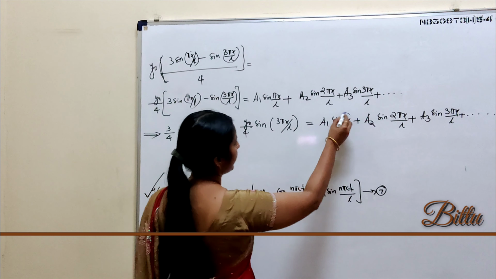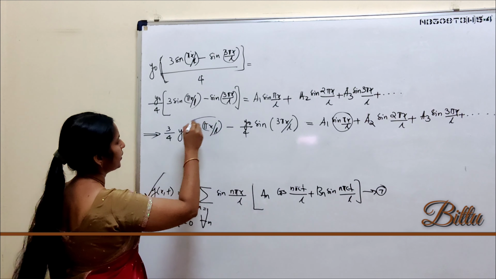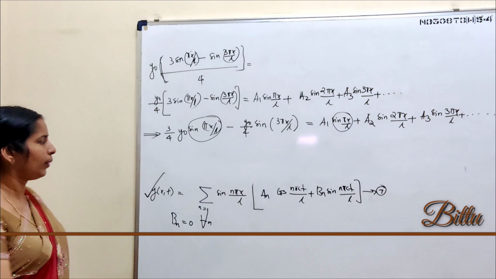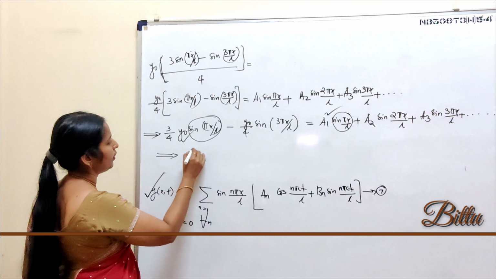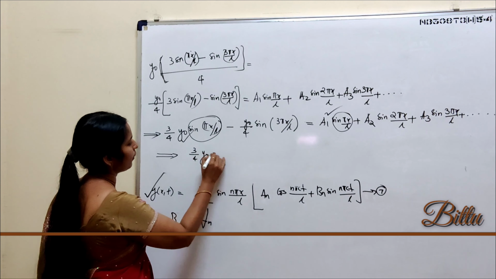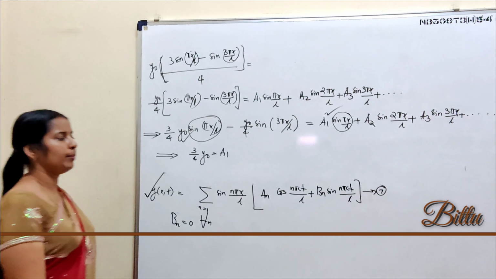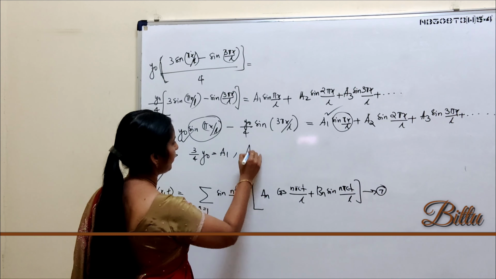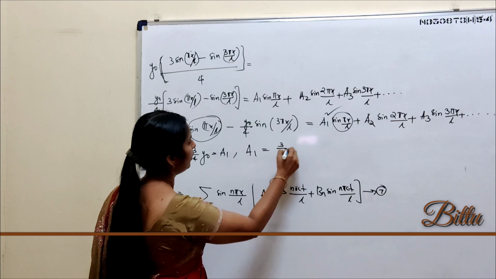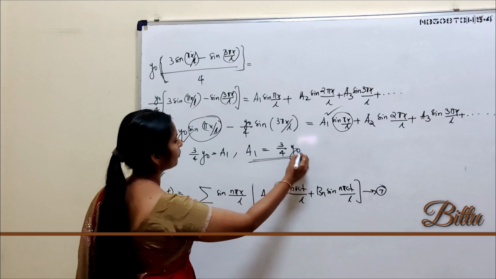See here sin pi x by L, and here sin pi x by L. So equate these two terms. You can see 3 y0 by 4 is a1. From this we have a1 is 3 y0 by 4.